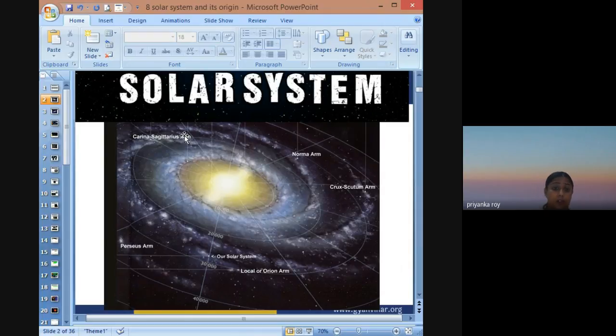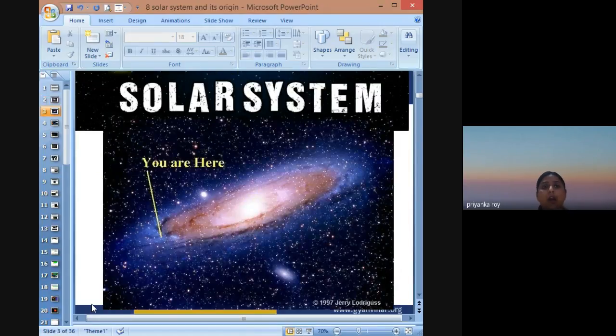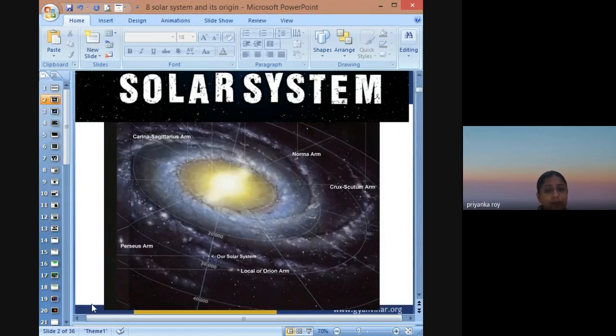There is a constellation here in this galaxy. Sorry, the Sagittarius constellation is there in this galaxy. We are on the arm of Orion, the local Orion arm.